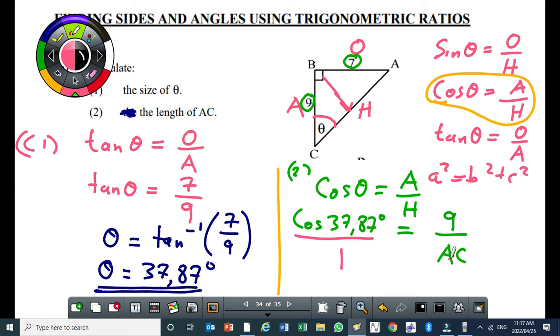So we can end up having AC times cosine of 37,87 is equal to 9. Then, what's the next step after that? We divide both sides by cos 37,87. Okay?